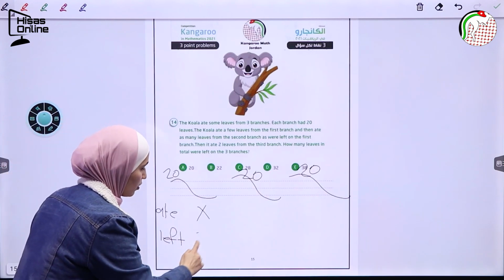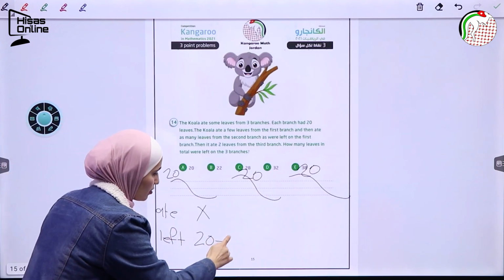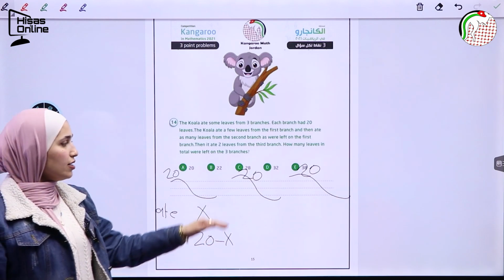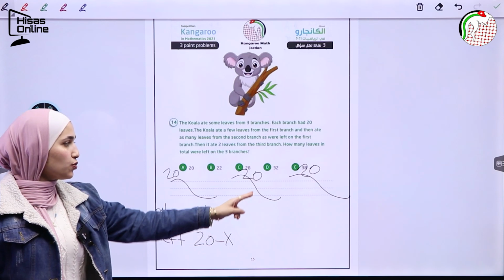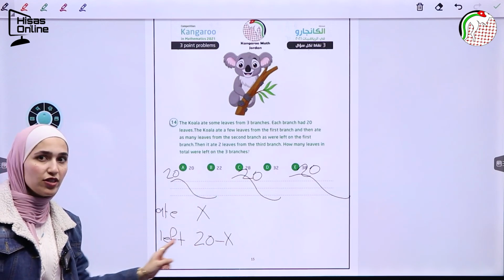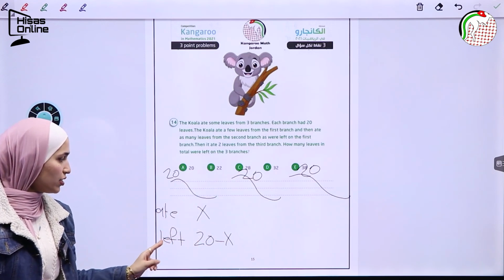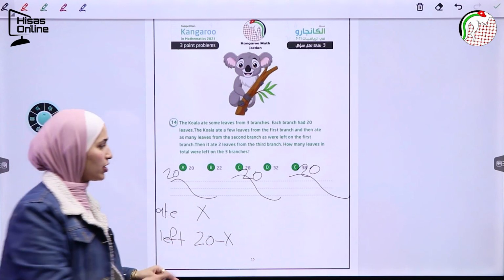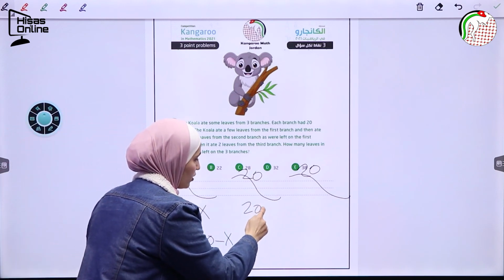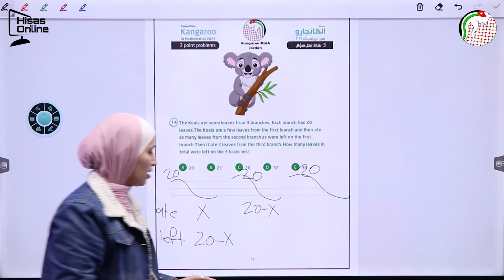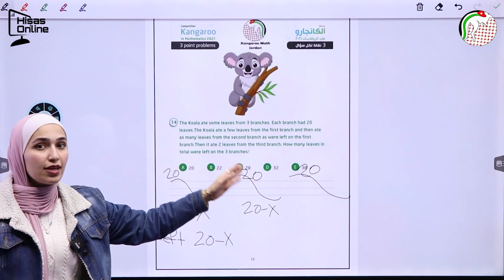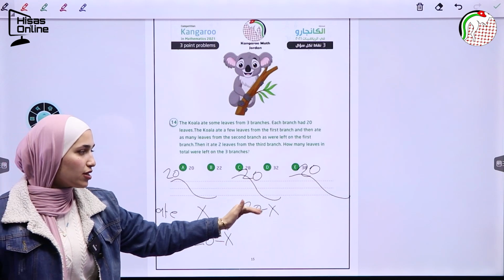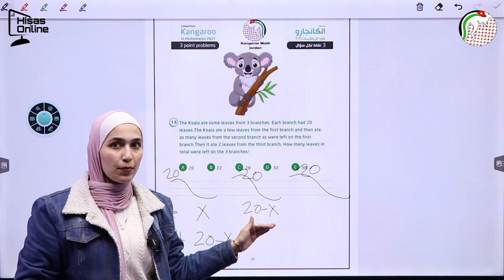20 minus X. And as the question says, in the second branch, the koala ate what was left from the first branch. So what was left in the first branch? Yeah, 20 minus X. So here he ate 20 minus X. Now, what is left from the second branch if he ate 20 minus X?